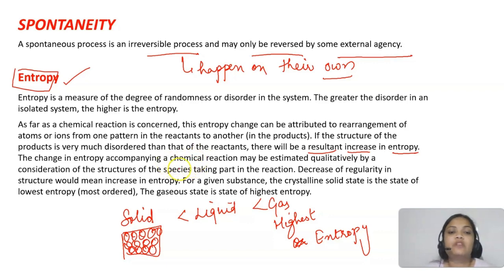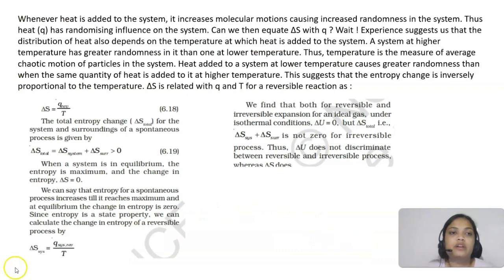But if the products have a more ordered arrangement than the reactants, there would be a decrease in entropy, meaning a decrease of randomness and lesser entropy. For any given substance, the crystalline solid state will have the lowest entropy, meaning the most ordered arrangement.